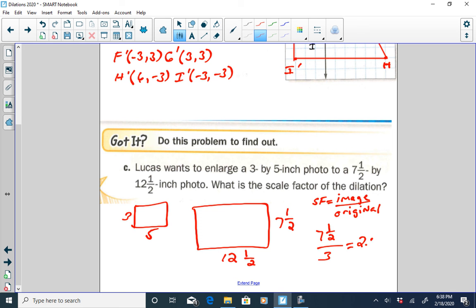Well, that's 2.5. Or I could have used my other corresponding sides, 12.5 to 5, which would also give you a scale factor of 2.5. So by using the ratio of the corresponding sides of the image to the original, we're able to find our scale factor.